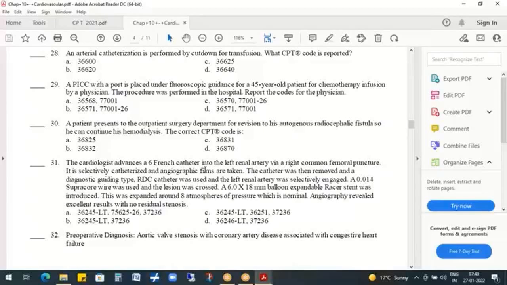Then you can easily clear your exam. Before writing the mock examinations, everyone needs to practice at least a minimum of 2 times, maximum 3 times, the same paper. Question number 29.